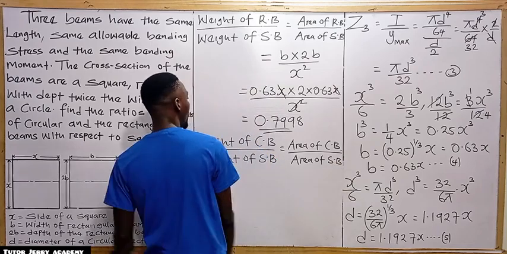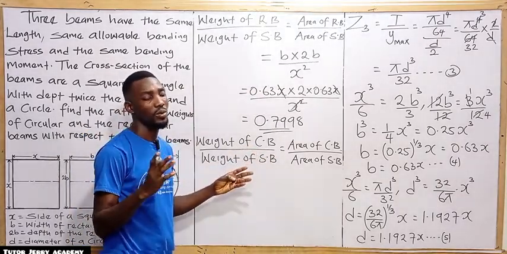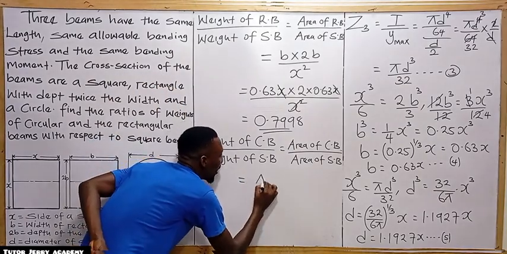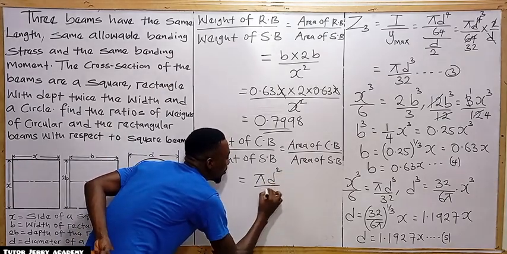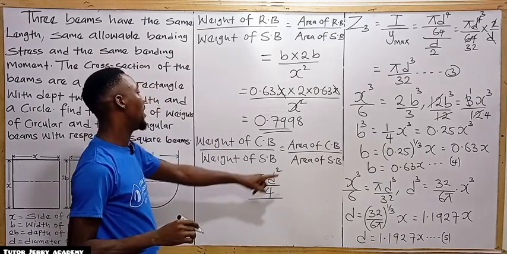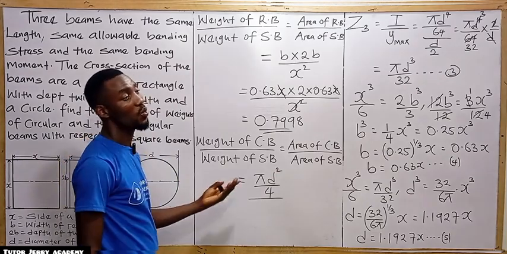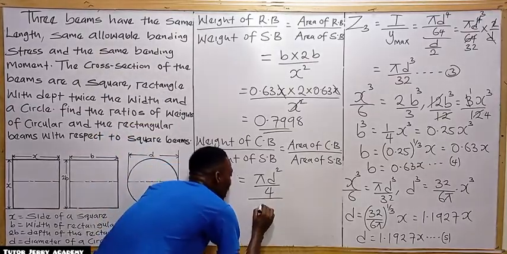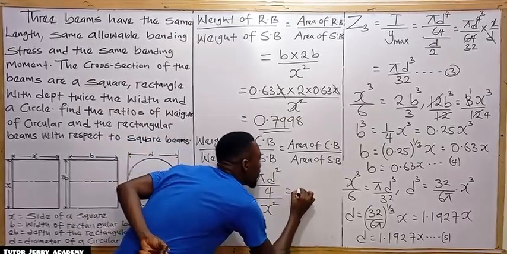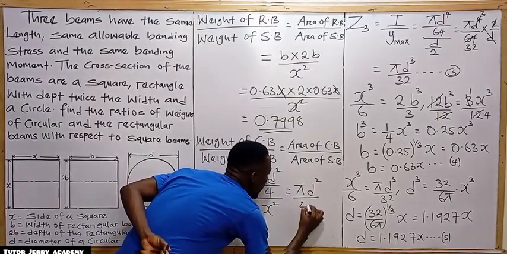Again, this will be equal to the area of a circle. The area of a circle is pi d squared all over 4. So pi d squared all over 4, then divided by the area of our square beam. Our square is just s square, right? So we can write this to be equal to pi d all squared all over 4s square.